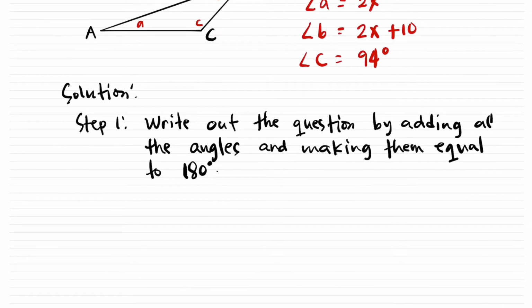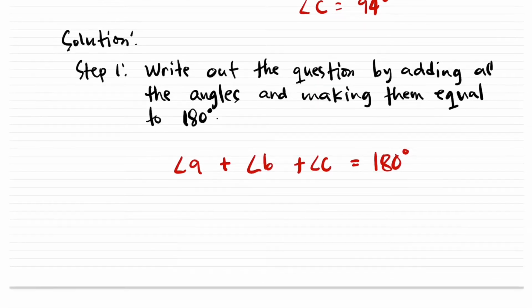So we are going to write an equation: angle A plus angle B plus angle C is equal to 180 degrees. So this is now our equation.